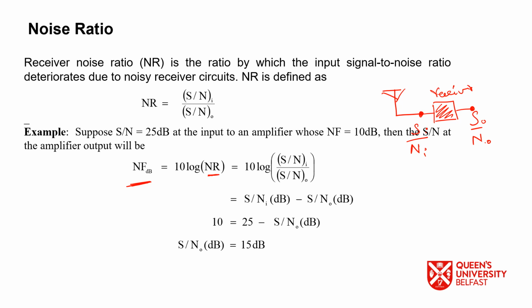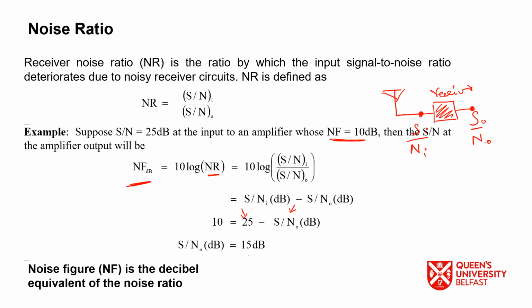So the noise figure would be 10 log of the signal to noise ratio at the input over the signal to noise ratio at the output. In logarithmic form, it would be 25 dB minus the signal to noise ratio at the output side, that is 10 dB as we have in our example. It will give us the noise ratio of 15 dB.